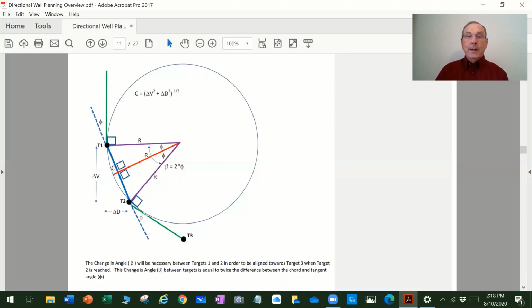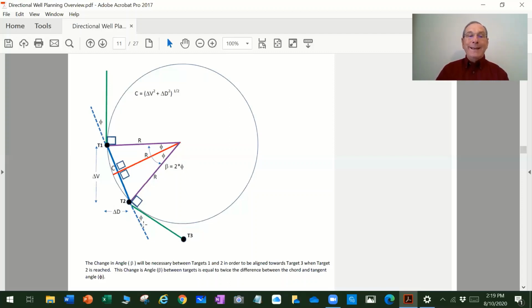Then this interior angle would have to be 10 degrees. By the properties of a circle, since this angle is 10 degrees, if you redraw this diagram, you'll realize that these two interior angles here have to be 10 degrees also. So this angle beta is 2 times the difference between the tangent angle and the chord angle at the bottom.